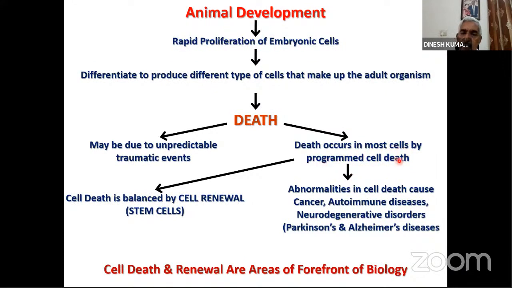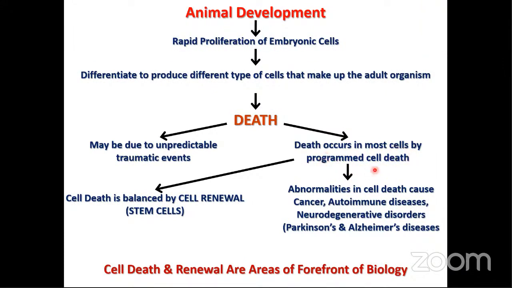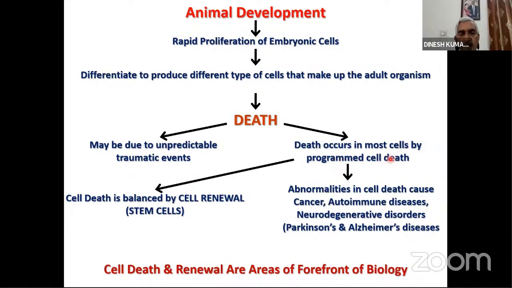I will take this topic in the next lecture. The cell death may also be due to some traumatic events or any accident. But when there is programmed cell death in a natural process, there must be some device through which the cell death is balanced, and that is by cell renewal.